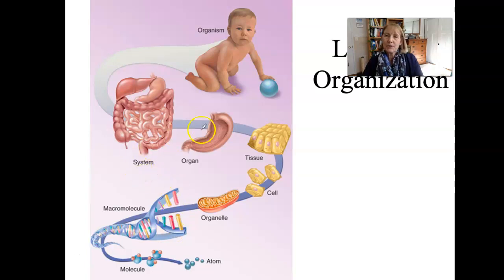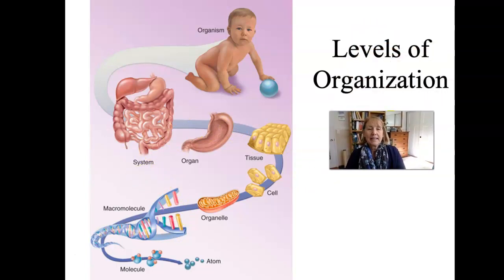So the first thing we always talk about in courses like these are levels of organization. Here's a full organism, and I can take you down to the different systems that make up that organism, or more specifically, each organ that makes up some of those systems, or the tissues that make up the organ.